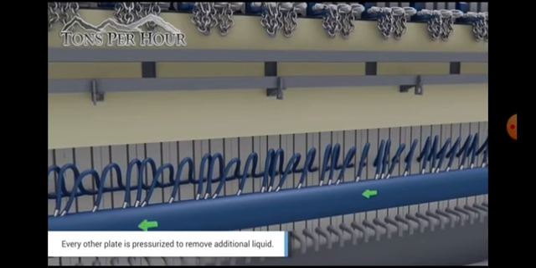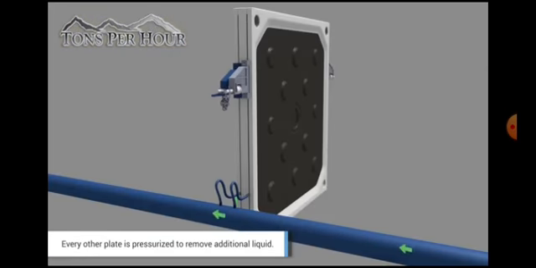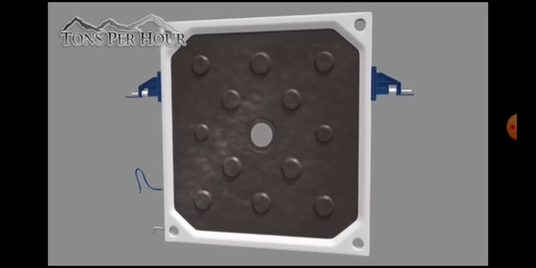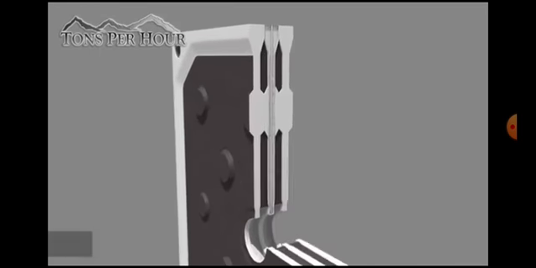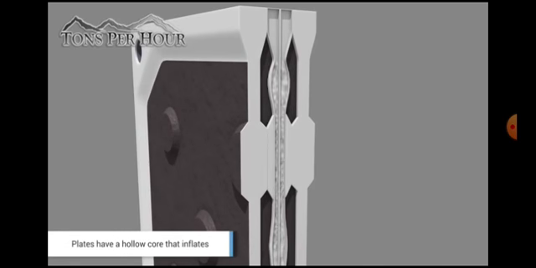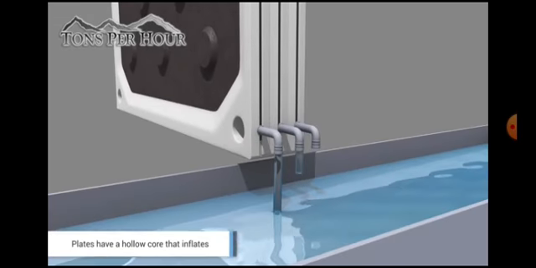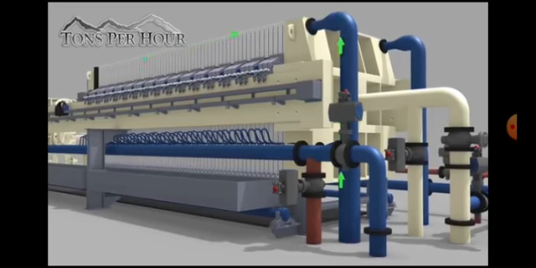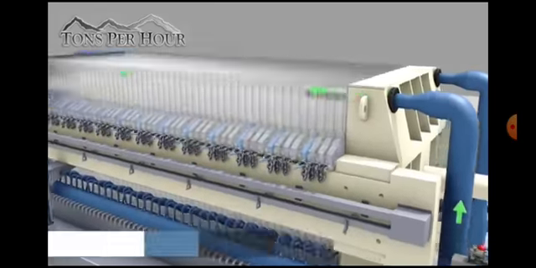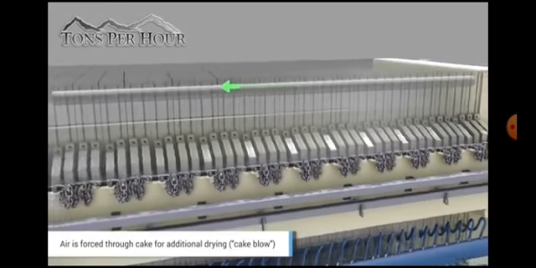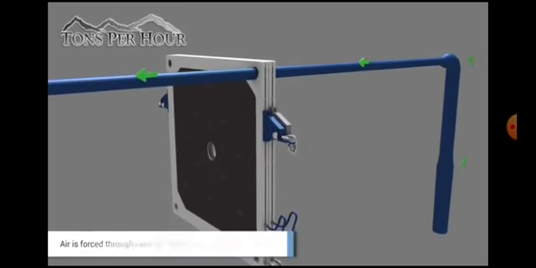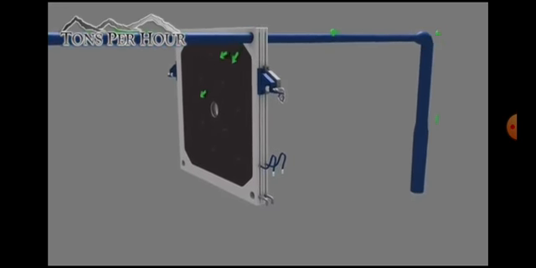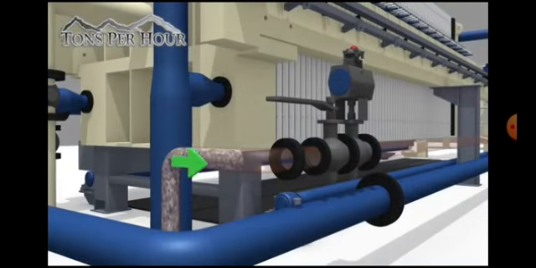The liquid flows, and this is the filtrate which is being collected. So this is a single plate frame, and you can see alternate plate frames, and between plates there is a hollow core that inflates, and that is the collection system. So this is how the liquid flows. Air is allowed to pass through in order to loosen the cake. So this is how the liquid is allowed to flow inside.